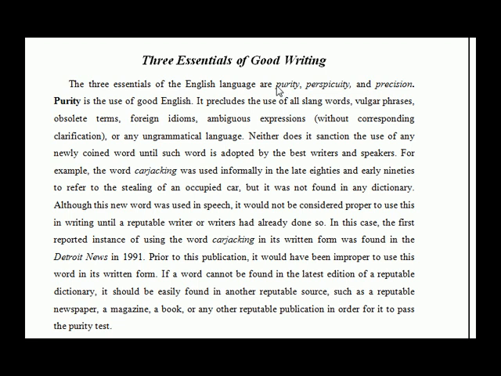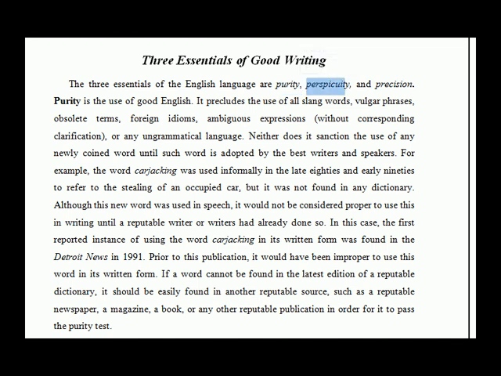First, let's look at the three essentials of good writing, and these are purity, perspicuity, and precision. Purity is essentially not using slang language or newly coined words. You don't get too many questions based purely on the purity of writing on the test, so we'll skip this.